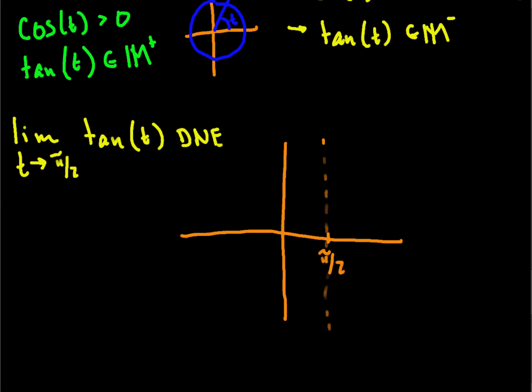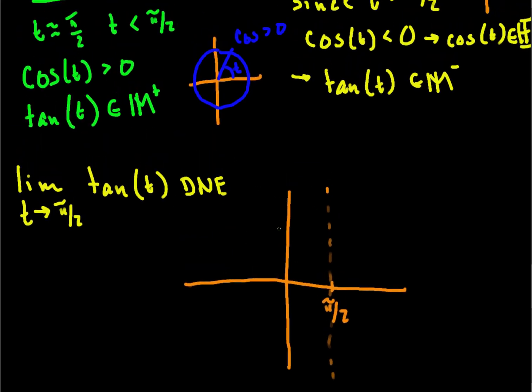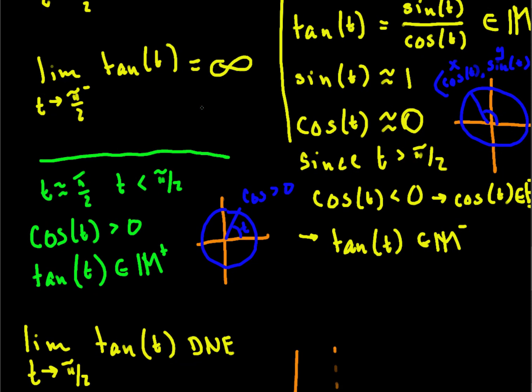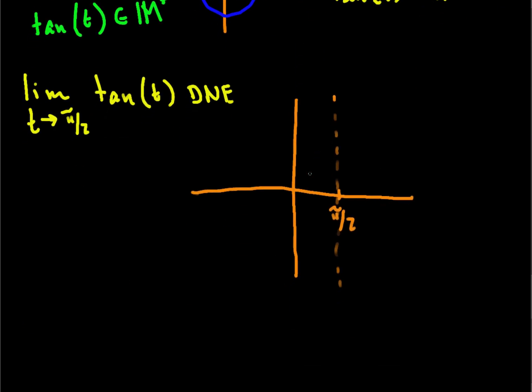As we approach from the left, the function goes to positive infinity, and as we approach from the right, it's coming from negative infinity. Tangent looks something like this, and it just repeats itself. That should fit exactly the graph you have in your mind of tangent.